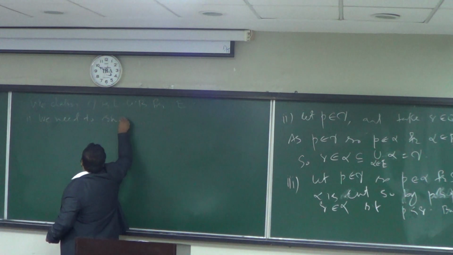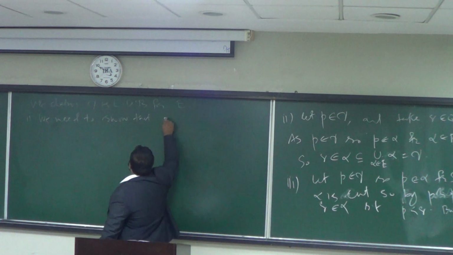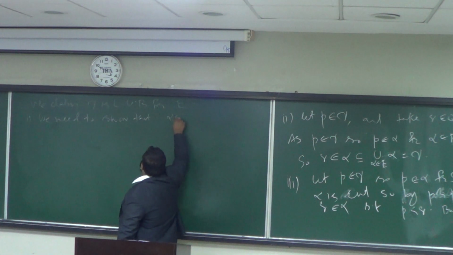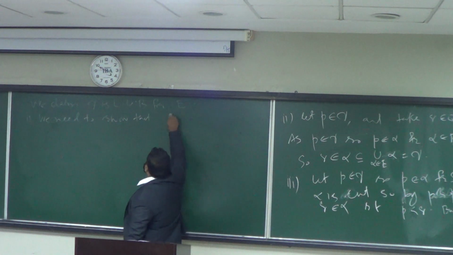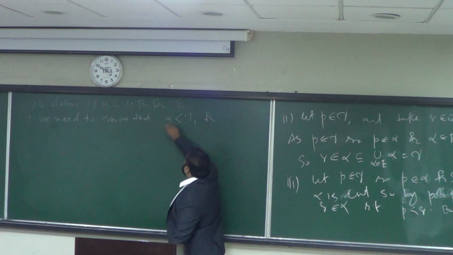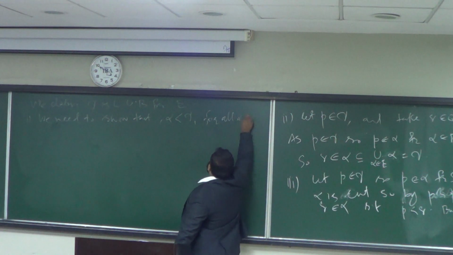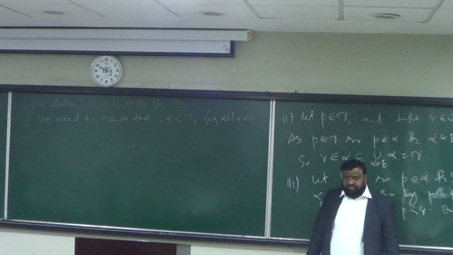We need to show that what? That every alpha, so it's like alpha is smaller than gamma, for all alpha belonging to E. So that's what we want to show.